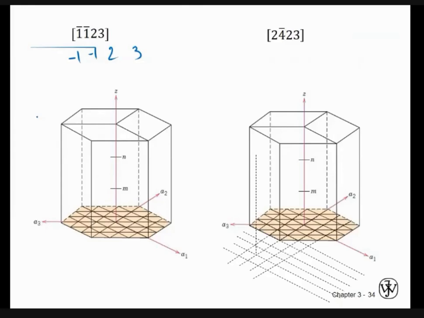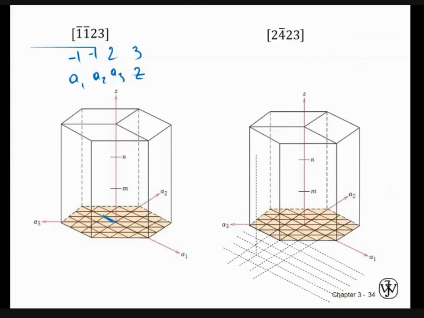So now that means it was A1, A2, A3, and Z direction. I need to move -1 on A1. So I'm here, it's steps: 1 step, 2 steps, 3 steps. Here I am moving 1 step in the negative direction for A2, -1.